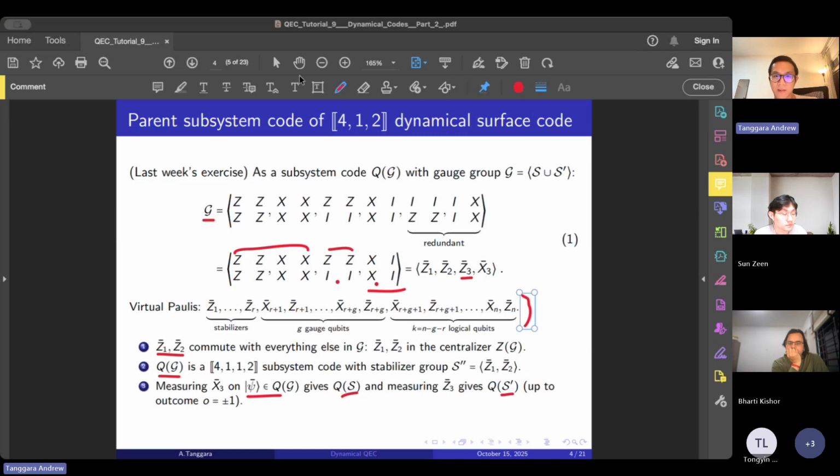This is what's called gauge fixing, which I believe Derek has covered in one of his tutorials. Up to some measurement outcomes, which I just omit here.